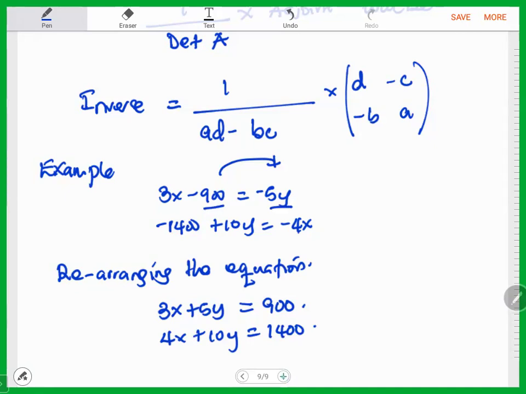So let's formulate. The next step is to formulate the matrix equation.